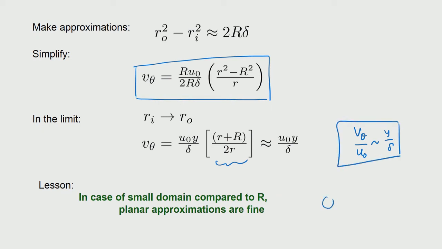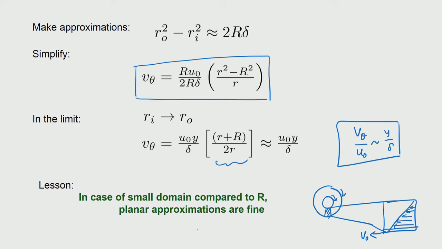So, in a situation where this is what is happening, then you can look at the domain and imagine that this domain is in a situation like this, and so flow would be like this.